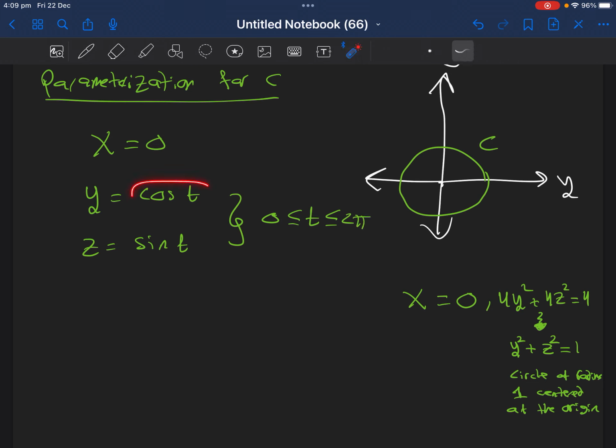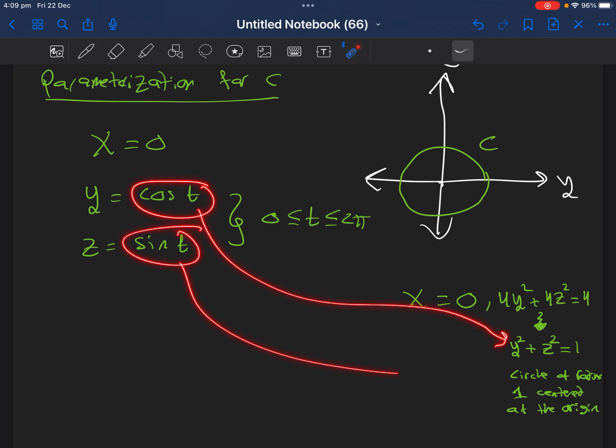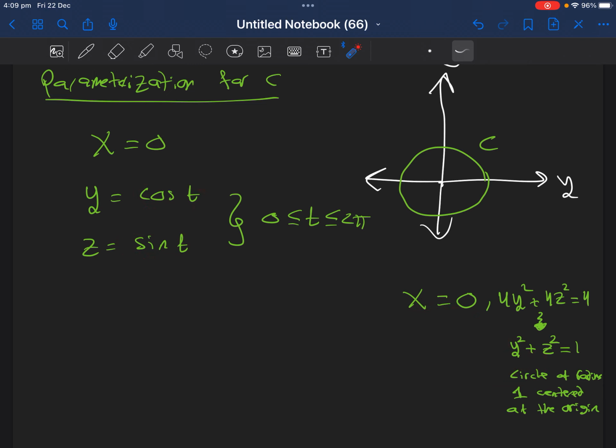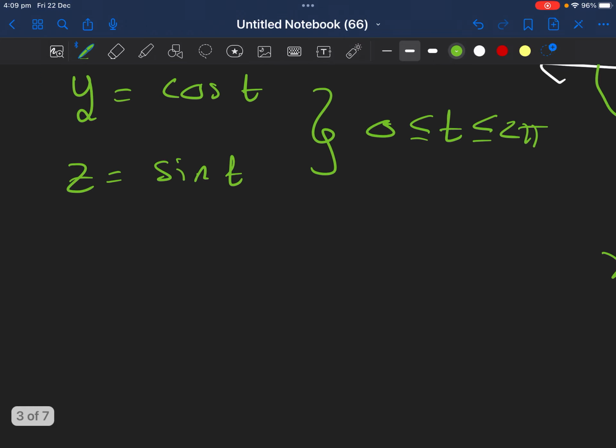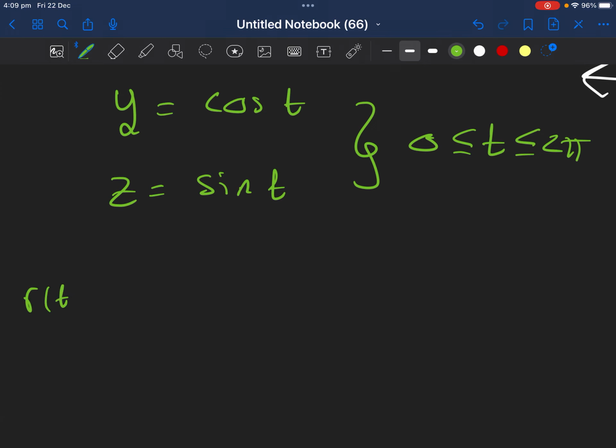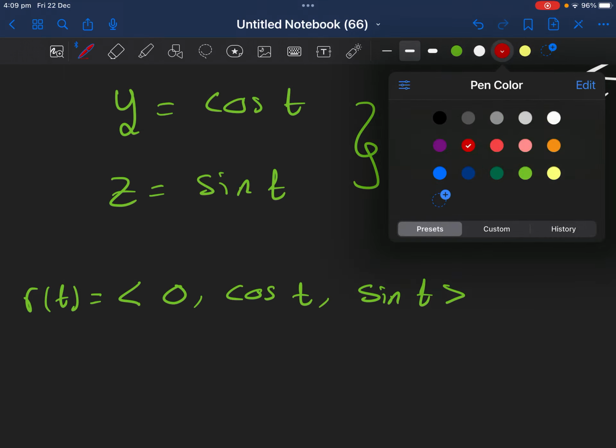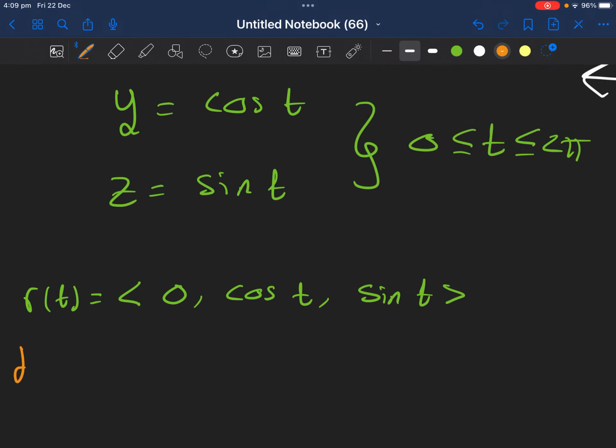We can check that if we substitute y and z here, the answer will be 1. So this is a good parameterization, and it will cover the whole circle. Now, once we have the parameterization, we can write it as a vector function: x is 0, y is cosine t, and z is sine t. What's important for us is to find the derivative dr, which will be 0, negative sine t, cosine t.